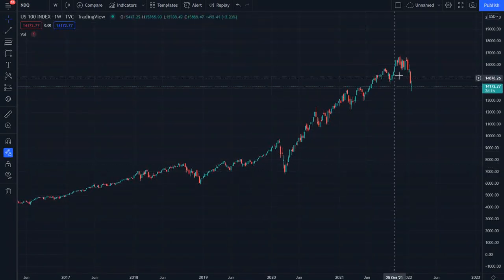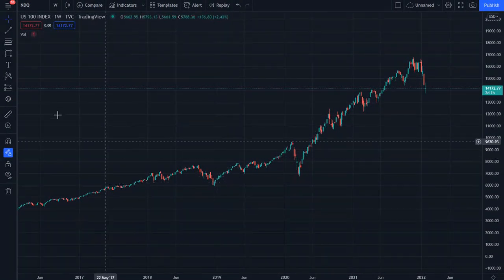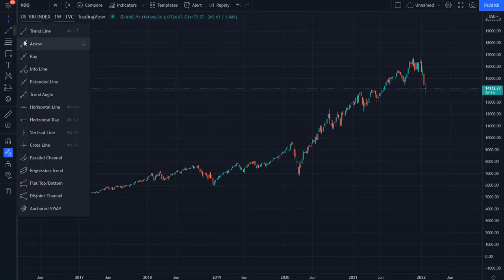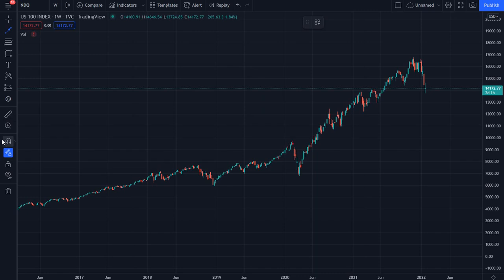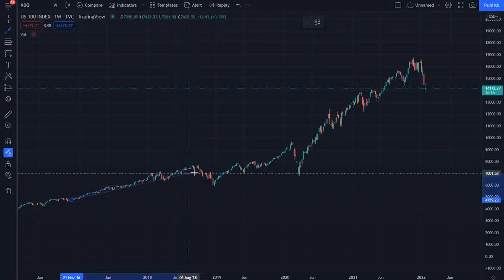Now to identify an uptrend, it needs to meet the following criteria, and I'll use my trend line arrows. Alright, let's start with here, for example, back in 2016. To classify as an uptrend, you need to form a high.